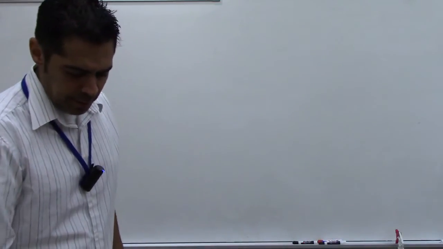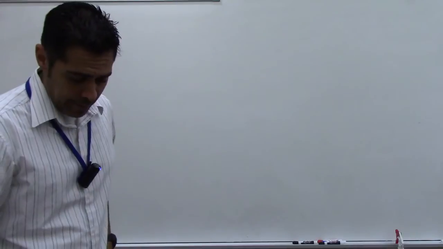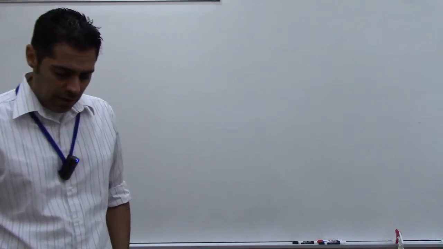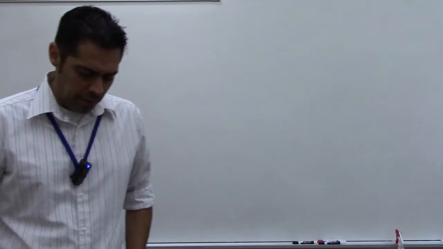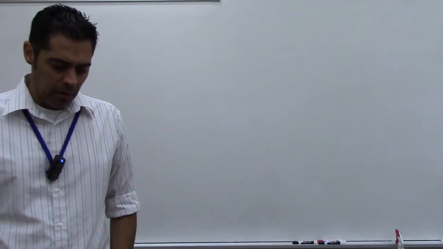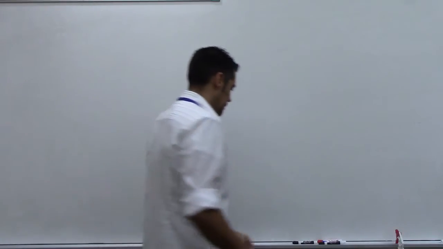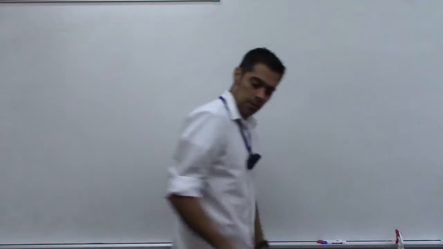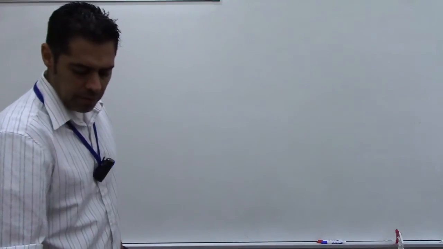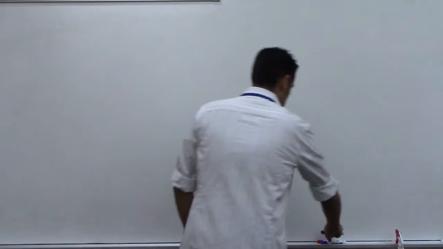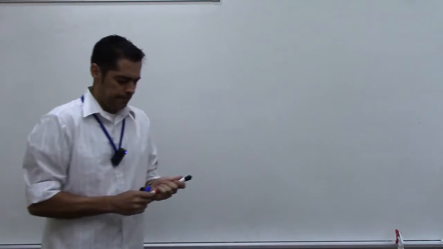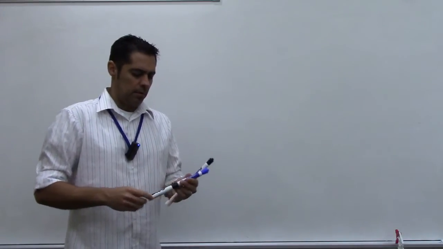The first problem says, part A for number one, true or false, two lines parallel to a third line are parallel. So let's say we have two lines that are parallel.